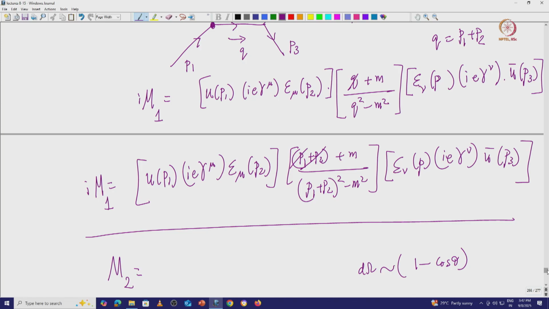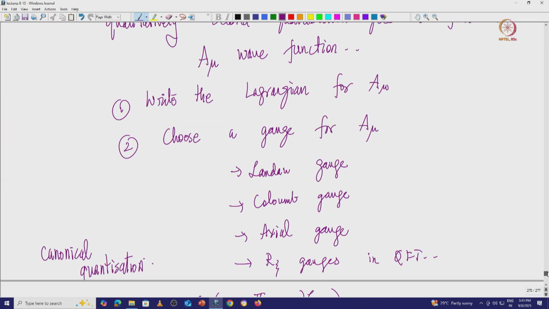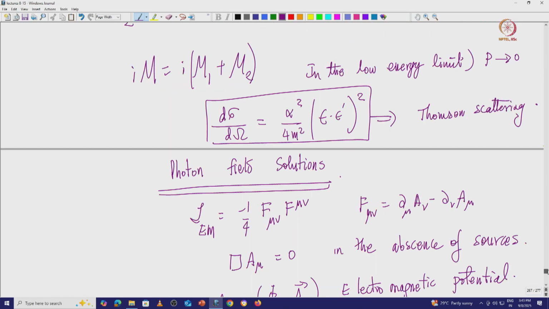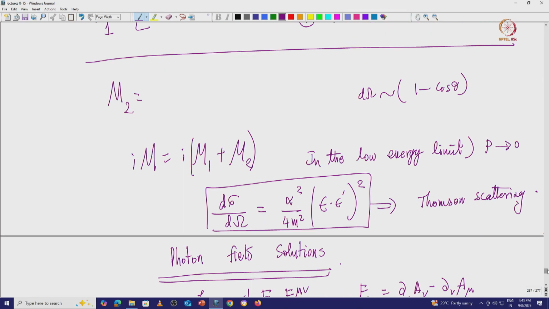In this case, using the completeness of the photon wave functions and U U bar, you can write using the trace theorems. So now you can have M1 plus M2, okay.